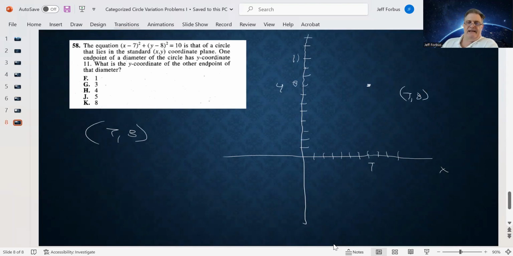Now notice they tell us an endpoint on the circle is at a y coordinate of 11. So that would be right there. Now, what is the y coordinate of the other endpoint? We're at 8, and we have to go to 11. The distance between 11 and 8 is 3.